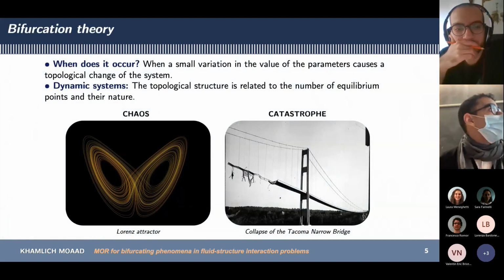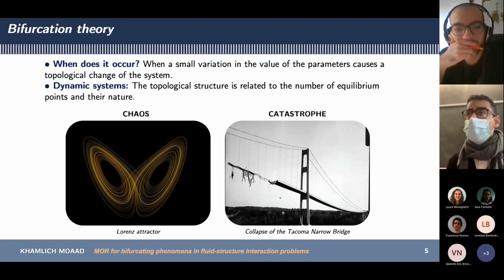So, bifurcation theory deals with the study of the qualitative changes in the structure of a family of vector fields. For our particular case, this family is represented by the solution of a parameterized partial differential equation.